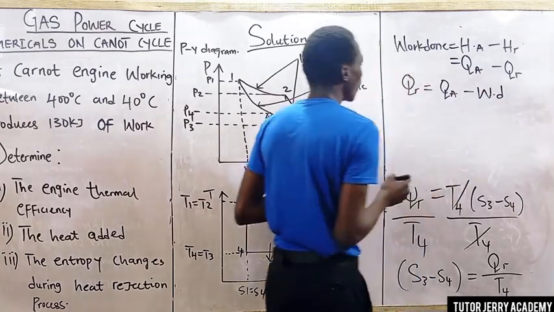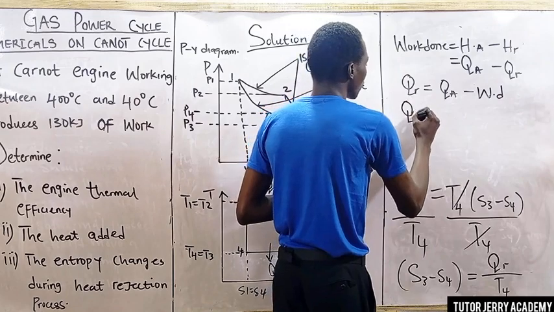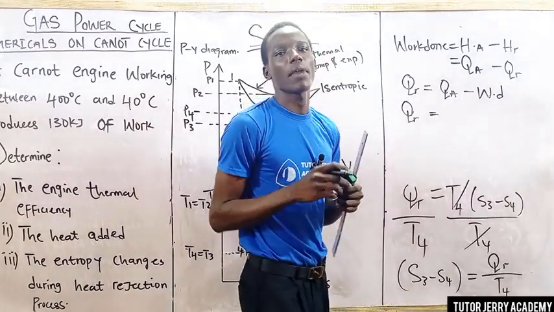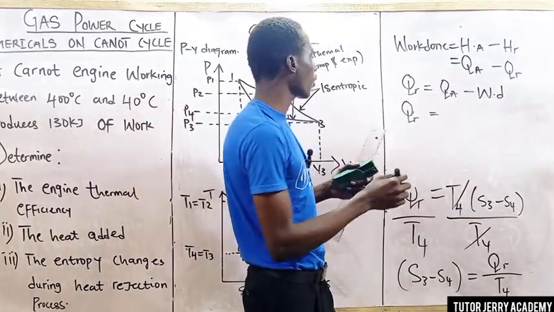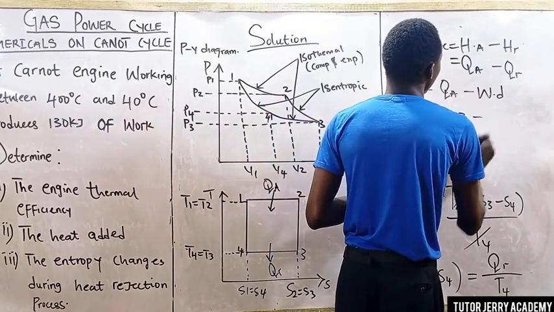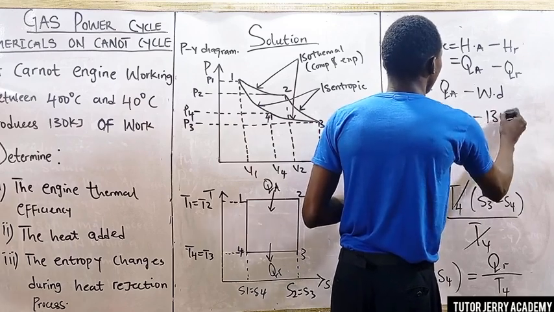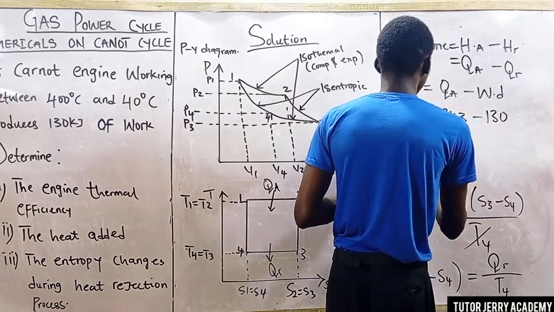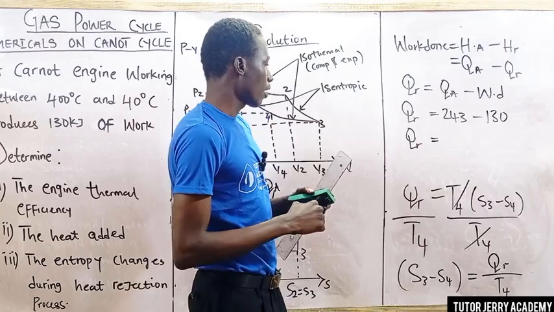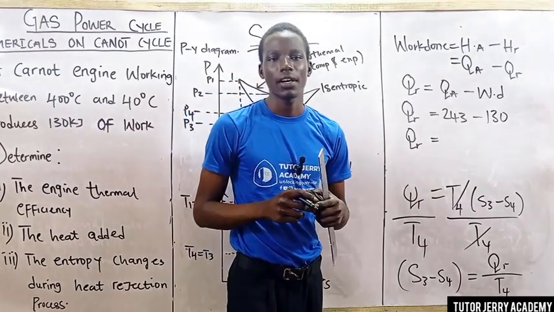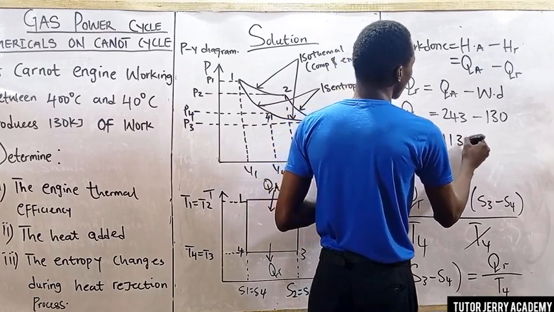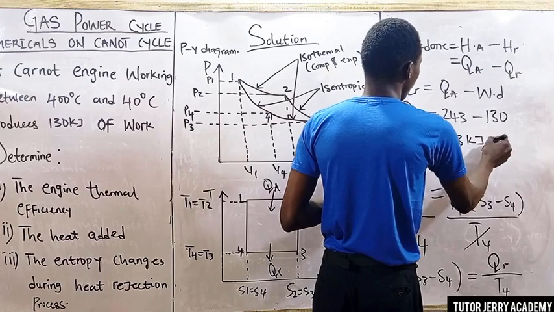It implies that Q_R will be equal to our heat added minus work done. We substitute our values: 243 for our heat added minus our work done, which is 130. So Q_R is equal to 113. Ensure you press your calculator.